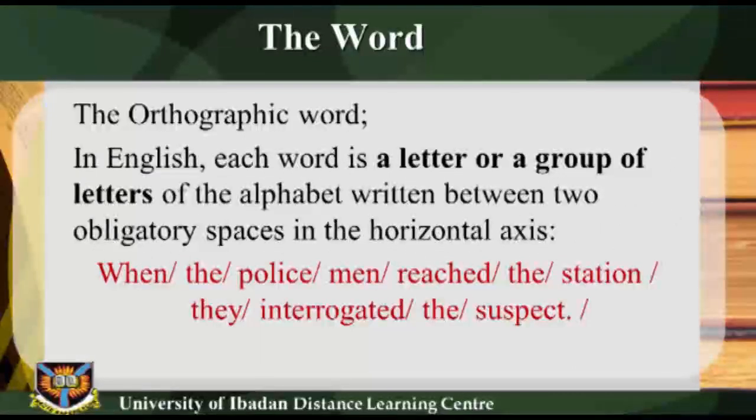2. The orthographic word. In English, each word is a letter or a group of letters of the alphabet written between two obligatory spaces in the horizontal axis. "When the policemen reached the station, they interrogated the suspect."